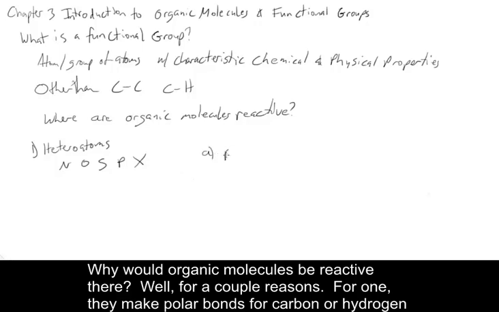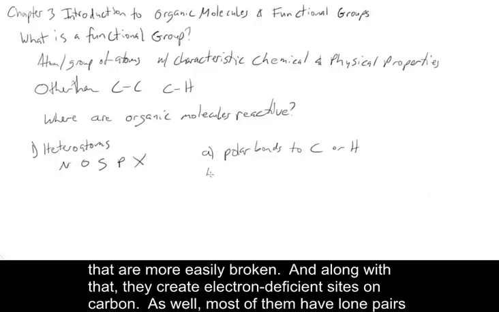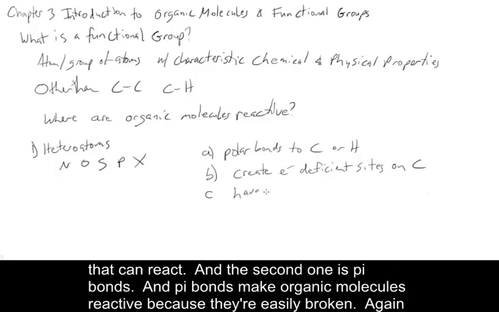For one, they make polar bonds to carbon or hydrogen that are more easily broken. And along with that, they create electron deficient sites on carbon. And as well, most of them have lone pairs that can react.